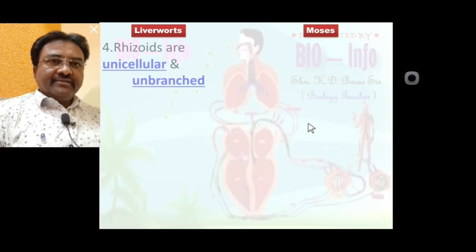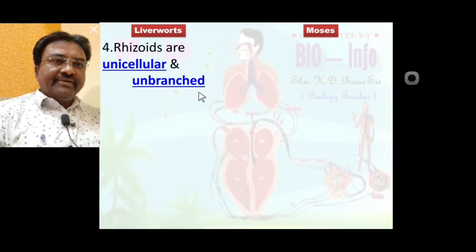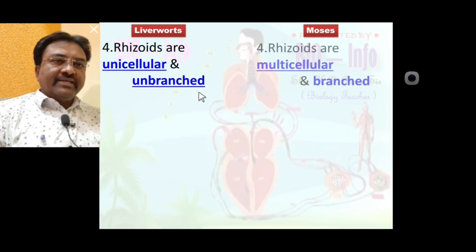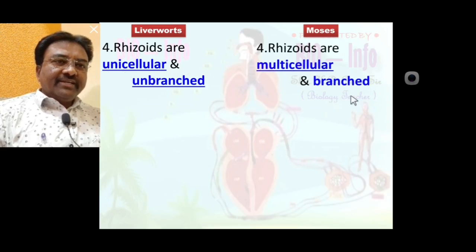Next point, rhizoids of liverwort are unicellular and unbranched, while rhizoids of mosses are multicellular and branched structures. So this is also a difference between liverwort and mosses.